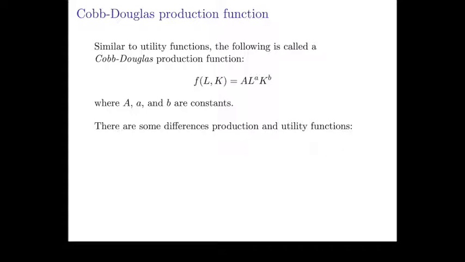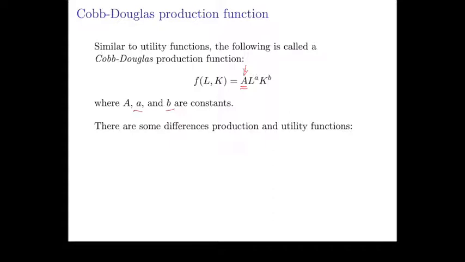For a Cobb Douglas production function, we're going to have some parameter capital A, and parameters little a and little b, such that when you use L units of labor and K units of capital, the total output is capital A times L to the little a times K to the little b.